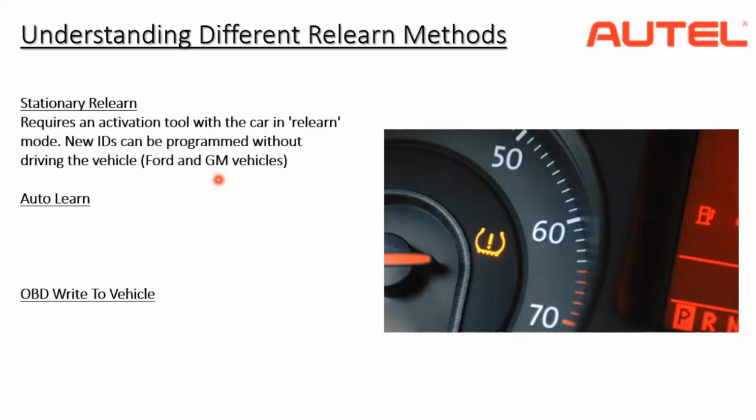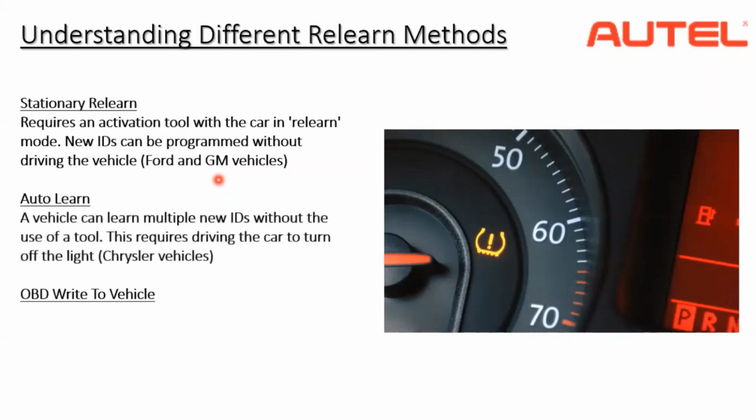The stationary relearn uses a professional TPMS tool to get the vehicle into the relearn mode, and new IDs can be registered into the vehicle's ECU by carrying out certain procedures, for example by using an activation relearn magnet, as I've mentioned on one of the previous slides. So as the name says, the vehicle can be in a stationary position while carrying out this procedure. It doesn't have to be running.